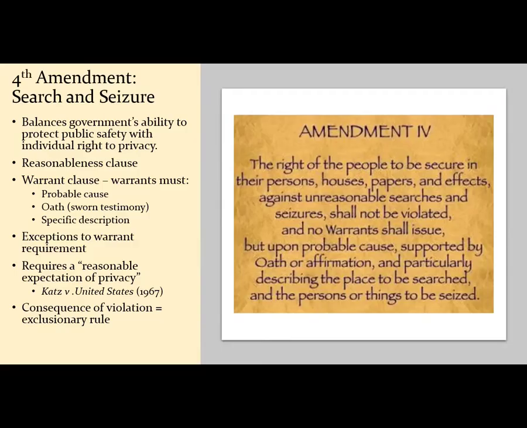So this guy, Mr. Katz, was going into a public phone booth, putting his quarter in, calling up and placing bets on horse races. So he was using it for gambling, which was illegal in his state.